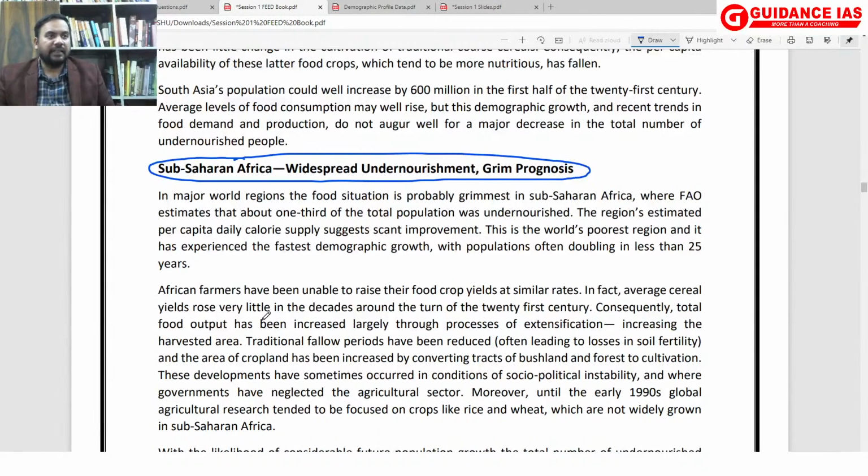And when you are writing like this, you will just need few facts and figures here and there, and as we progress you will get those facts and figures also. Like food security, we'll talk about the food security separately. So what is the level of consumption of food, etc., all those things would come.